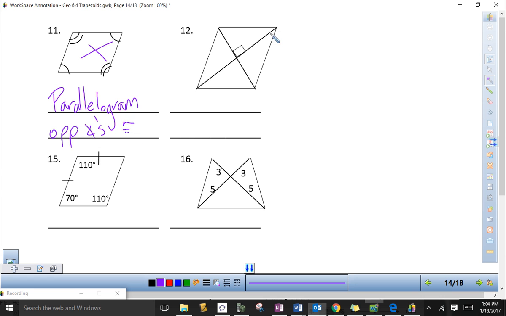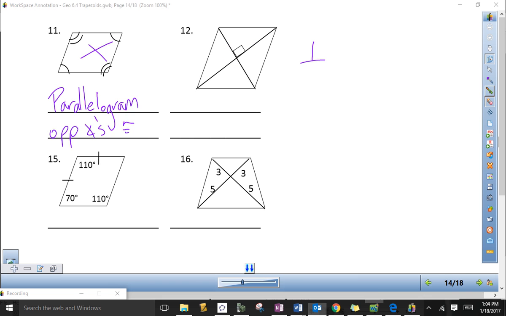Now, 12's a little bit tricky because I see a right angle. Okay, so I know that my diagonals are perpendicular to each other. Well, that tells me it could be a rhombus or a square, but if you notice, for both rhombus and square, not only are they perpendicular, but they're perpendicular bisectors. Now, a bisector, if you remember, means each side of the same diagonal has to be the same length from the intersection.